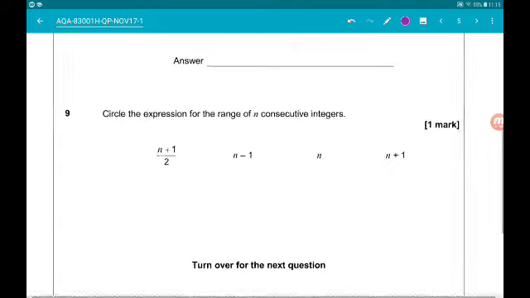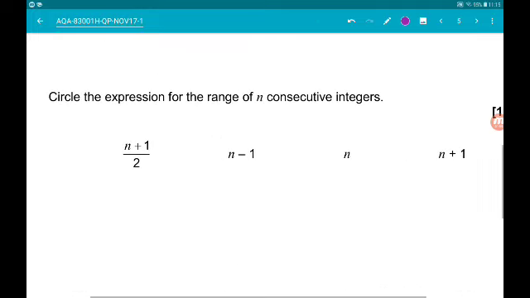Question 9 wants us to circle the expression for the range of n consecutive integers. So range is biggest to smallest. Consecutive means one after the other. So for example, 1, 2 and 3 are 3 consecutive numbers.